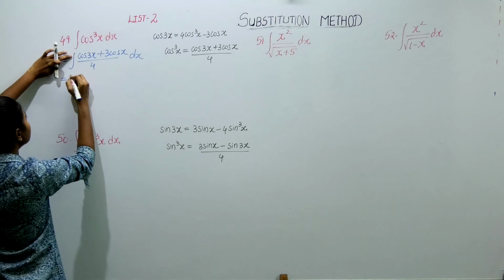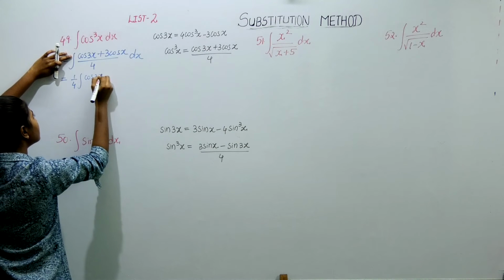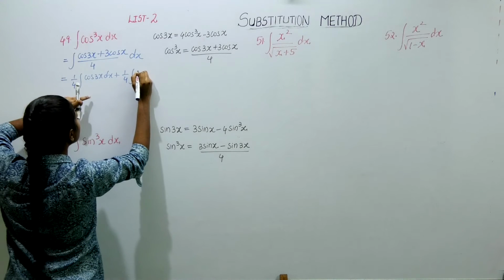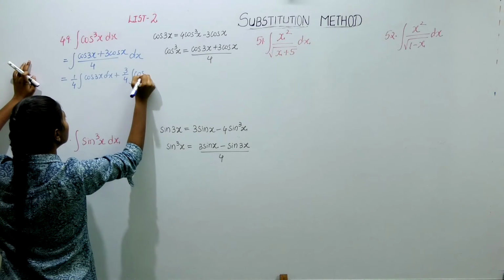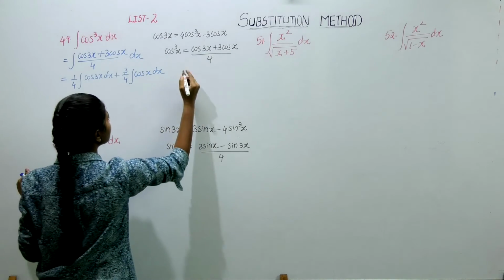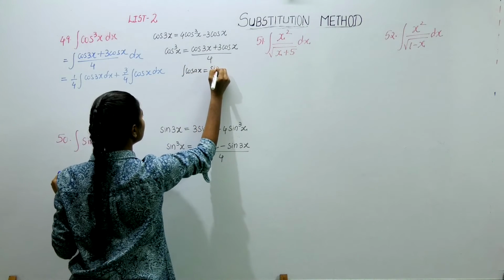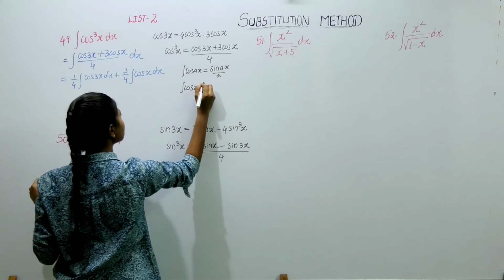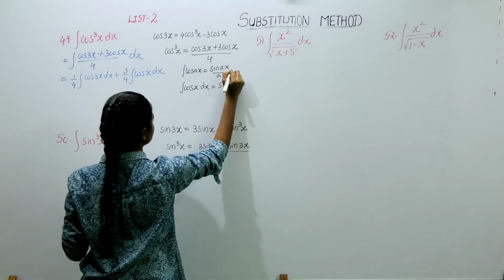Now separating the integration for each term and taking out the constants. For the first term we have 1 by 4 integral cos 3x dx, plus for the second term 3 by 4 integral cos x dx. We know the formula for integral cos ax is equal to sin ax by a, and integral cos x dx is equal to sin x plus c.